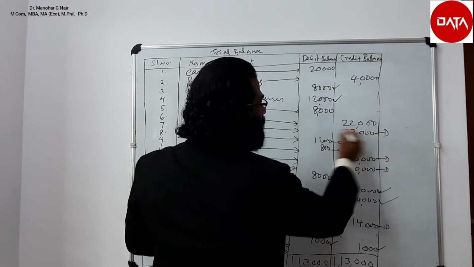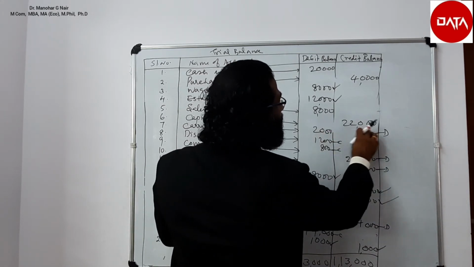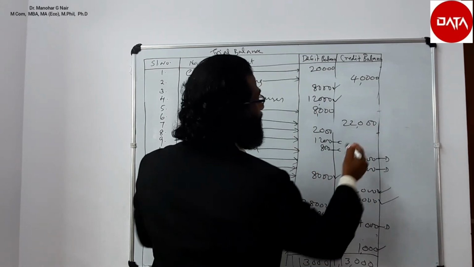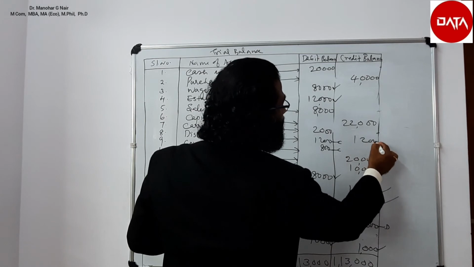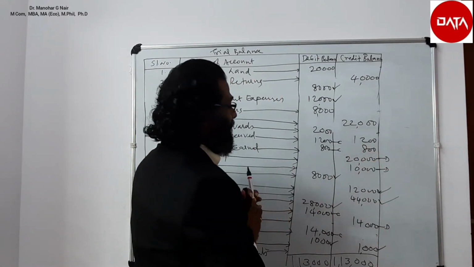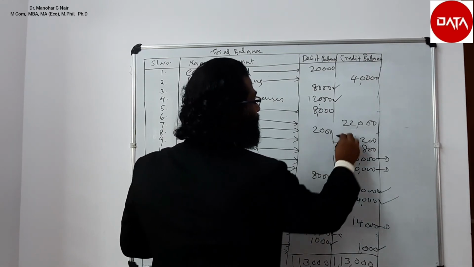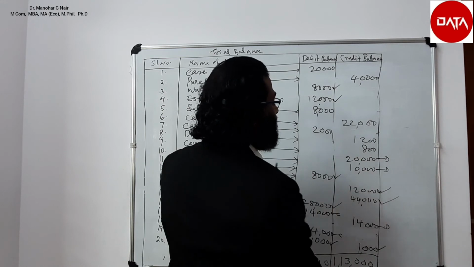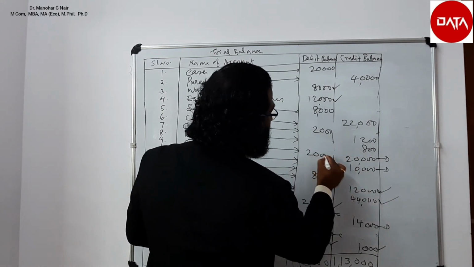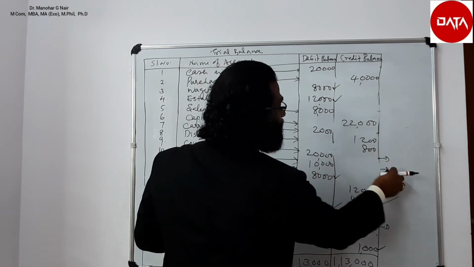22,000, and this 2,000 should come here and be removed from here, and this 1,200 should go to credit and this 800 should go to credit. So both are to be removed from here, and this 20,000 and 10,000 should come to the debit side, so they are to be removed from the credit column.